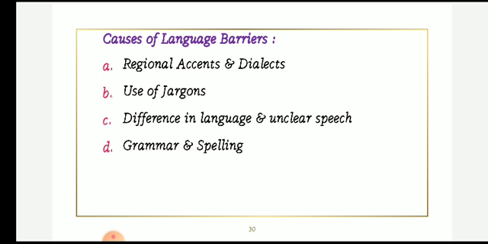The people belonging to different places definitely use their own accent and dialects. Dialects means the area wise way of speaking a specific language. I told dialects again: from one district to another district, there can be some difference in the way of speaking the same language.